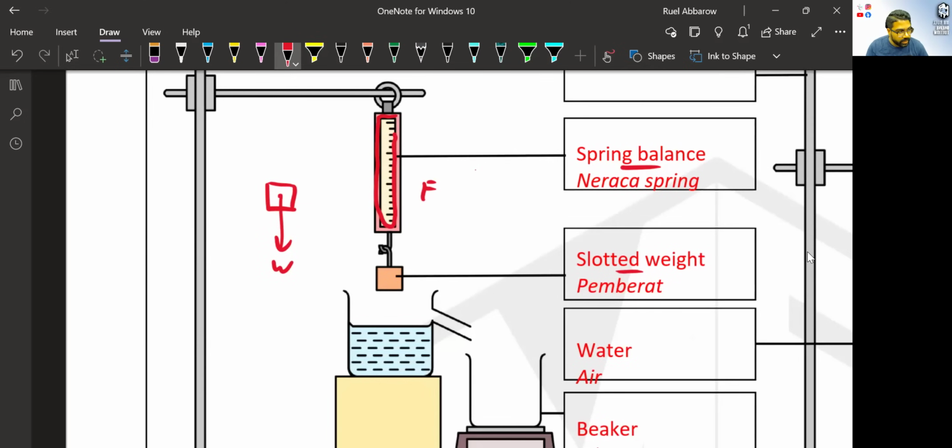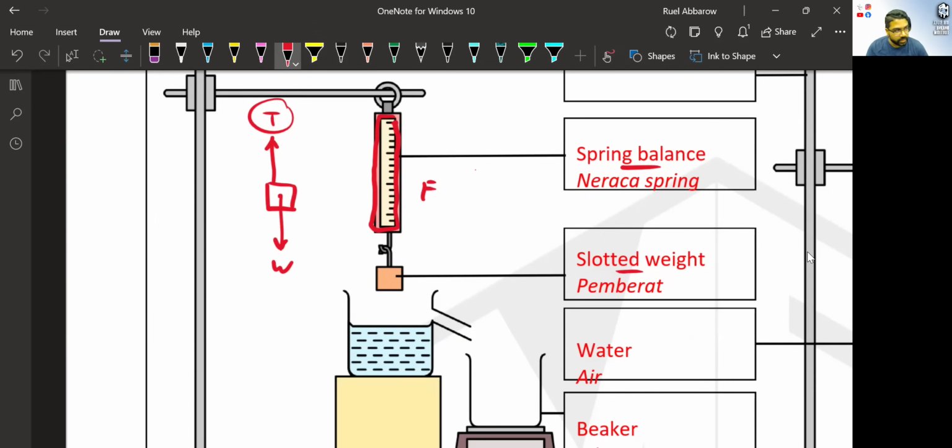Now, what is pulling it upwards? It is the tension from the spring in the spring balance. The tension of the spring is pulling it upwards. So in this situation, the reading that we get on the spring balance is actually not the weight directly. The reading that we get is actually the tension.